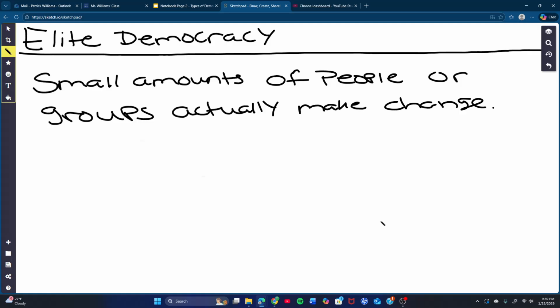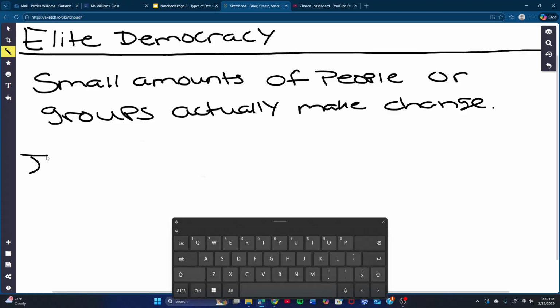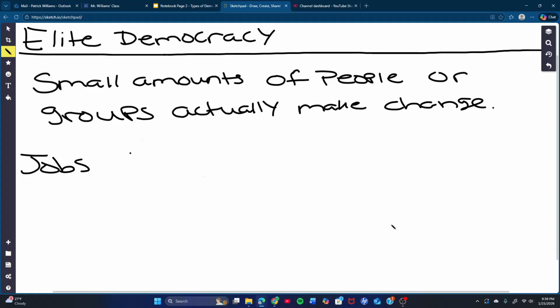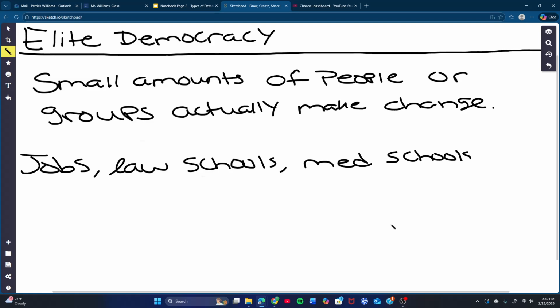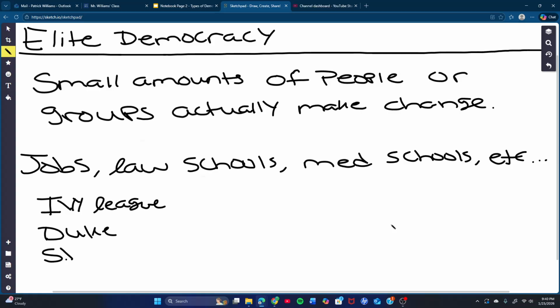You all are probably going to go to college one day, right? Could you imagine a world where a bunch of these different jobs, law schools, med schools, etc., all said, "Hey, if you don't go to the Ivy League, you don't go to Duke, you don't go to Stanford, these super elite colleges, then you can't get into any of those.